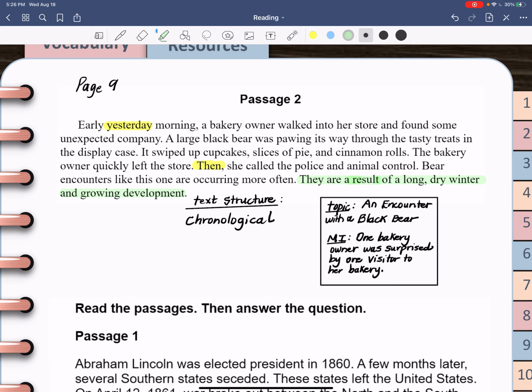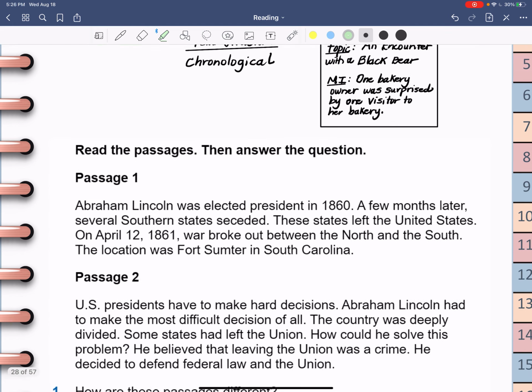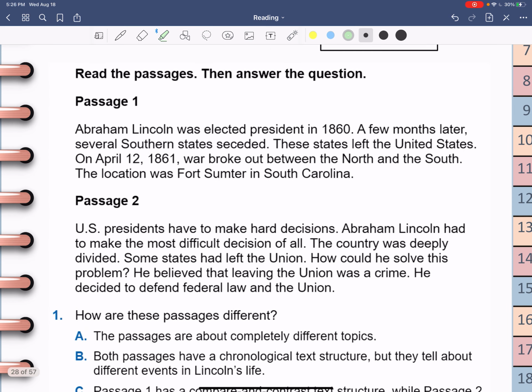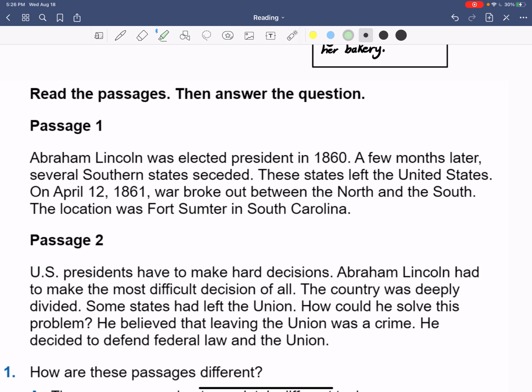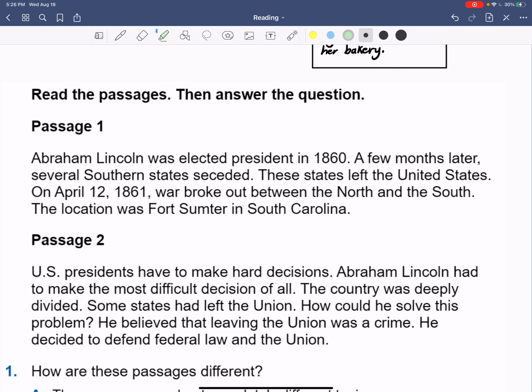Okay, at the bottom of page 9, let's look for passage 1 and passage 2. It says to read the passages, then answer the questions. Abraham Lincoln was elected president in 1860. Now there's a date. I like dates.